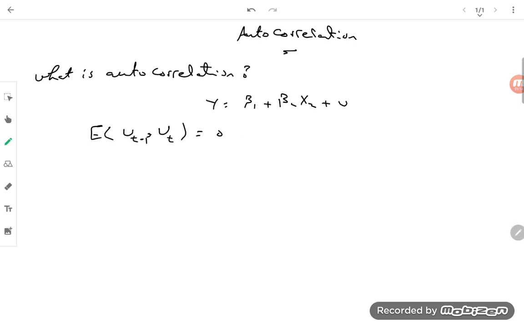But if this assumption is violated, this means that there is an autocorrelation problem. It normally occurs in time series data.